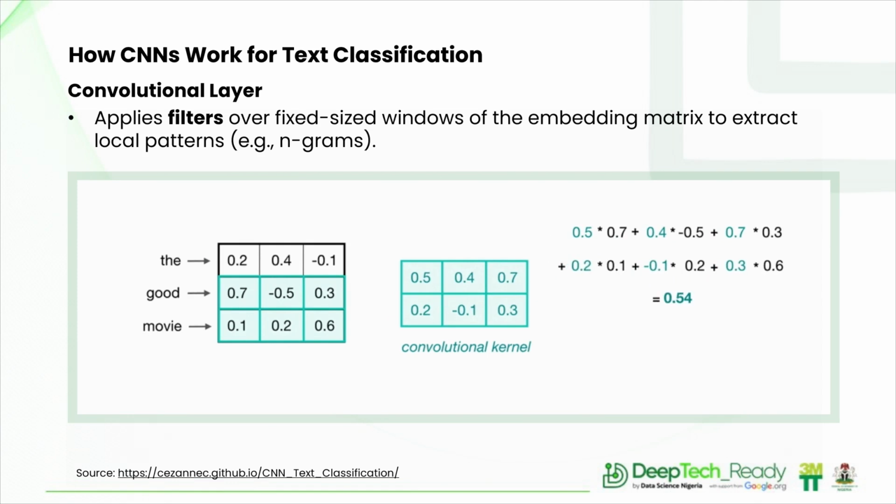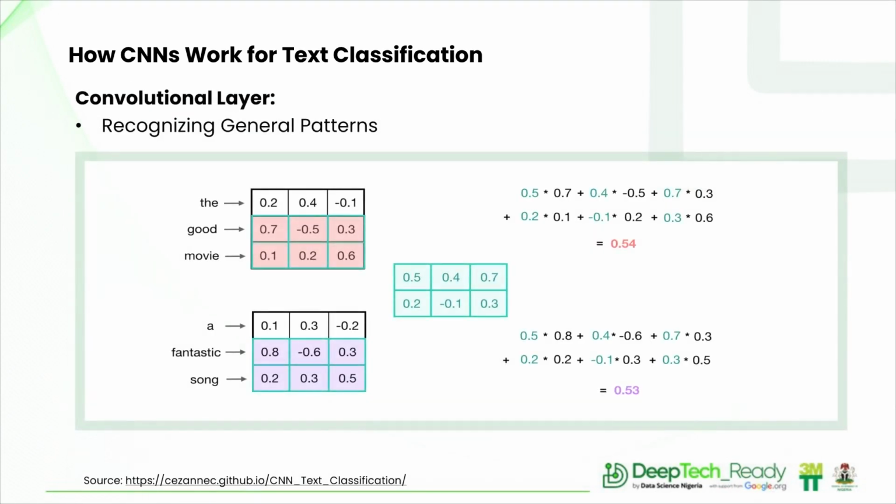For example, for the 2-gram "good movie", we have 0.5 multiplied by 0.7, plus 0.4 multiplied by minus 0.5, plus 0.7 multiplied by 0.3, plus 0.2 multiplied by 0.1, plus minus 0.1 multiplied by 0.2, plus 0.3 multiplied by 0.6, in order to get our final answer of 0.54.